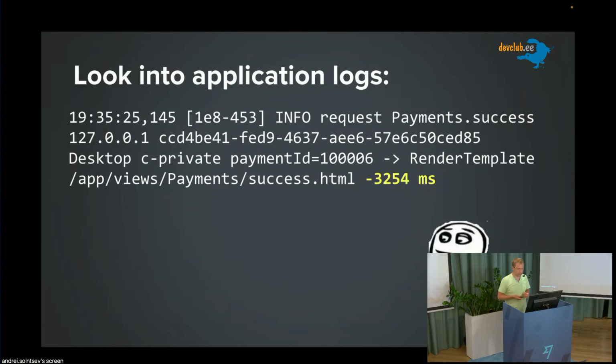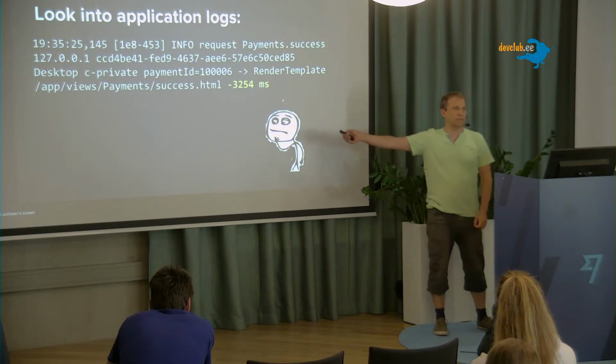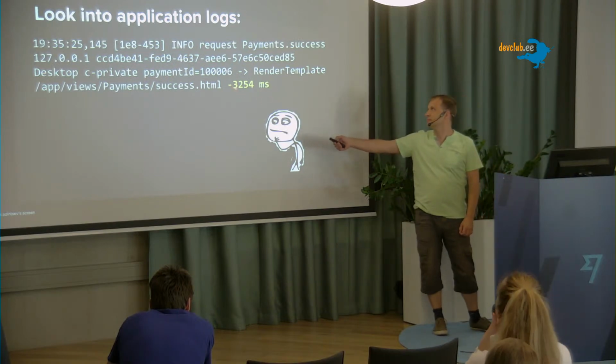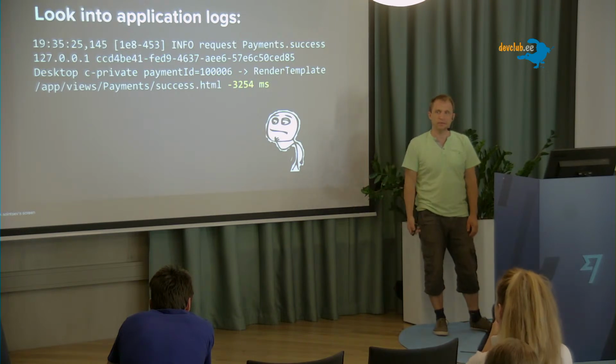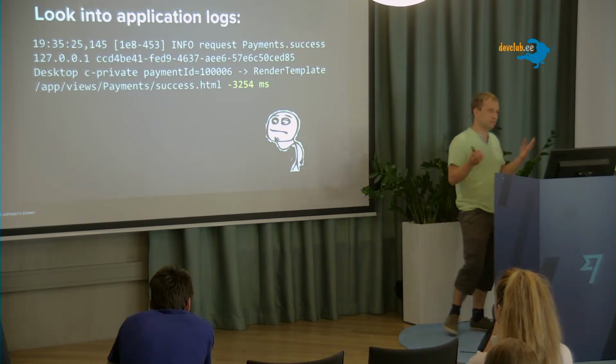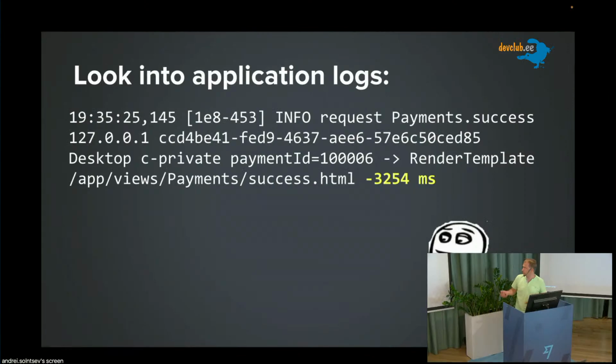And we detected one strange thing: this log says that this request was handled in so many milliseconds, which is impossible. It should always be a positive number, like 10 milliseconds, 1000 milliseconds, but not minus 3000. It's not possible. So it was a signal that we should investigate.